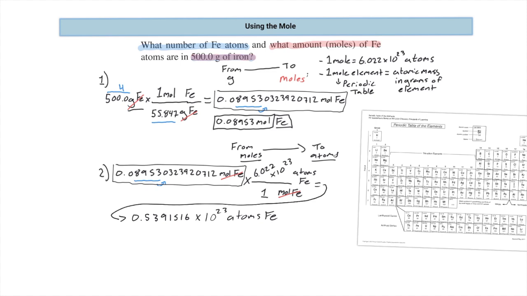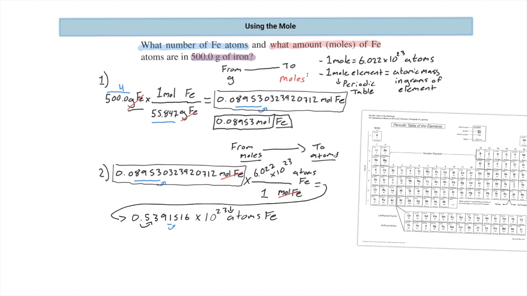We get 0.53915 times 10 to the 23rd. Since I'm so close to it being in proper scientific notation, I'm going to make it that way. Go to the right, reduce, bring that down to 22, and then I'm also going to put this in the proper number of significant digits. So I got 4 sig figs there, and then 4 there.